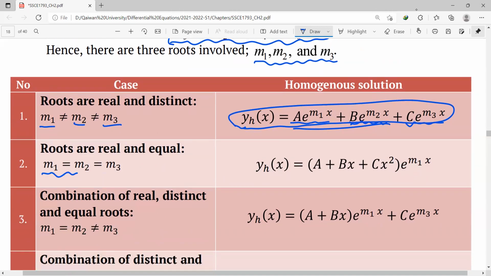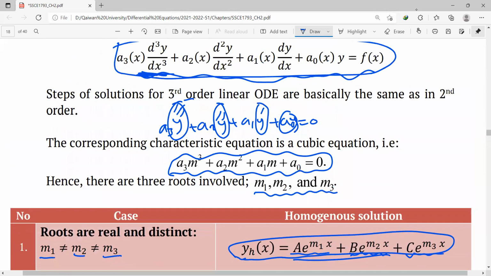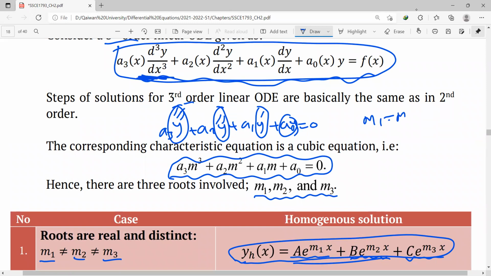If they all are equal, before we said if m1 equals m2, that's for second order linear differential equations, then the general form of the homogeneous solution is yh equals a e to the power mx plus bx e to the power mx. This is for second order. How about third order? If m1 equals m2 equals m3, here you add c x squared.